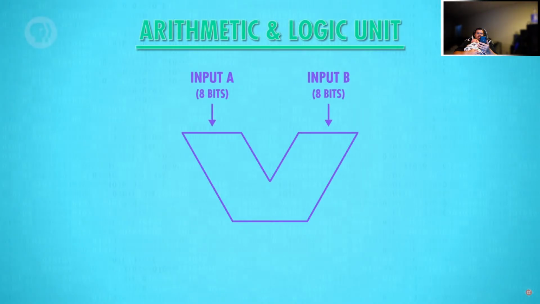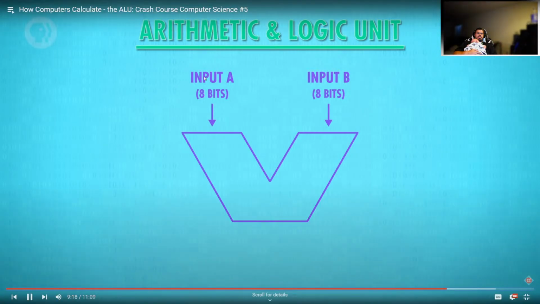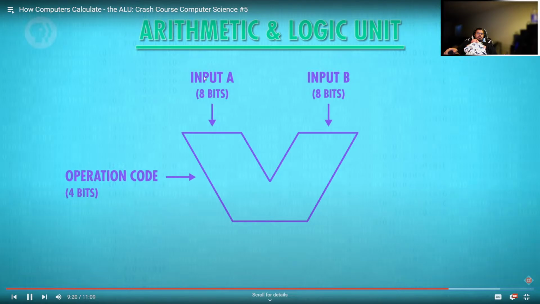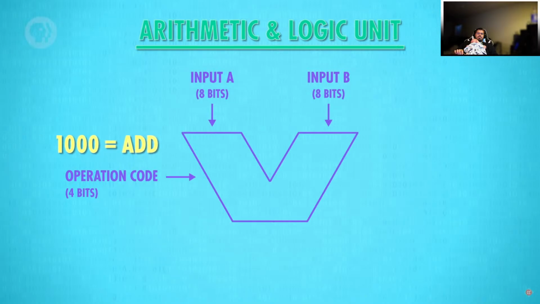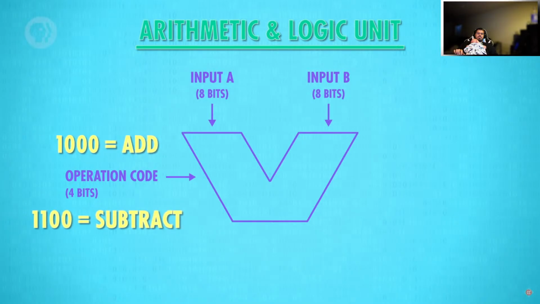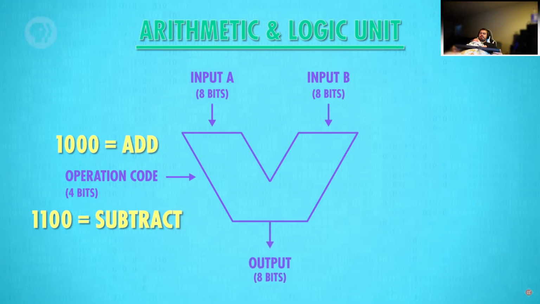We also need a way to specify what operation the ALU should perform, for example, addition or subtraction. For that, we use a 4-bit operation code. We'll talk more about this in a later episode, but in brief, 1000 might be the command to add, while 1100 is the command for subtract. Basically, the operation code tells the ALU what operation to perform, and the result of that operation on inputs A and B is an 8-bit output.